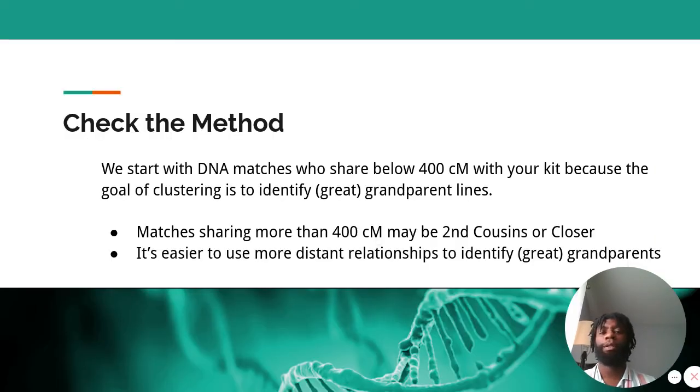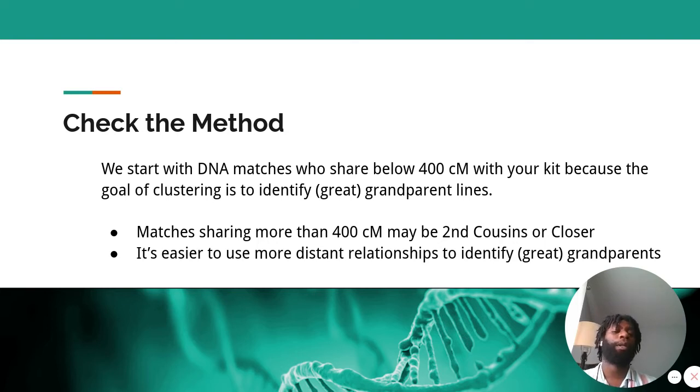So what we're going to do is start with the matches who share below 400, as I mentioned, with Tina, because the goal of clustering is to identify your grandparent lines. And in some cases, that starts with your great grandparents. So matches sharing more than 400 centimorgans are going to be too close to identify and isolate certain lines that we want to find in your DNA matches.